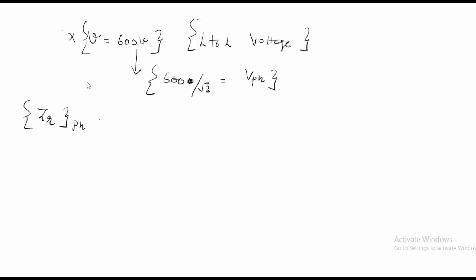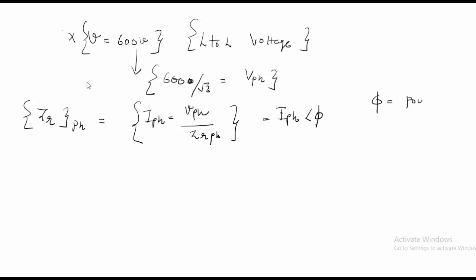So my IPH was equal to VPH divided by ZEQ per phase, and this gave me my IPH making an angle of phi, my power factor angle, and these were also per phase values.